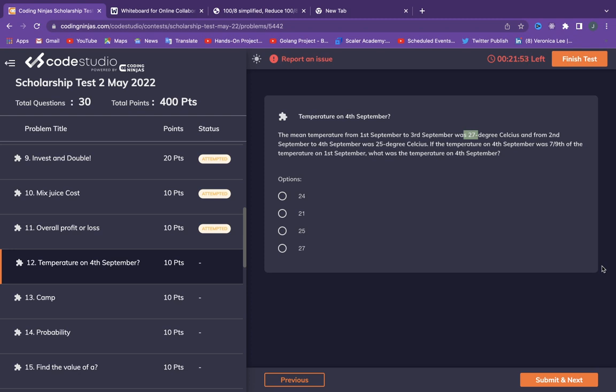So what is the value of a? And a is equal to 7 by 9x.